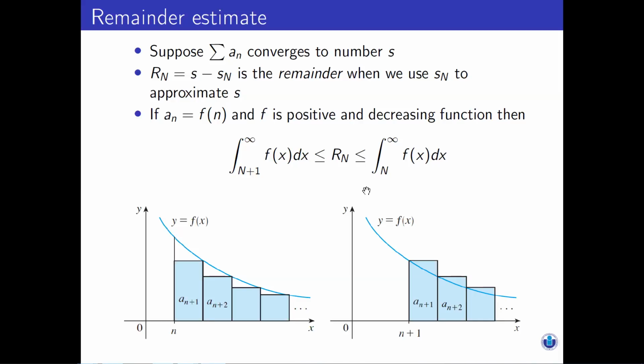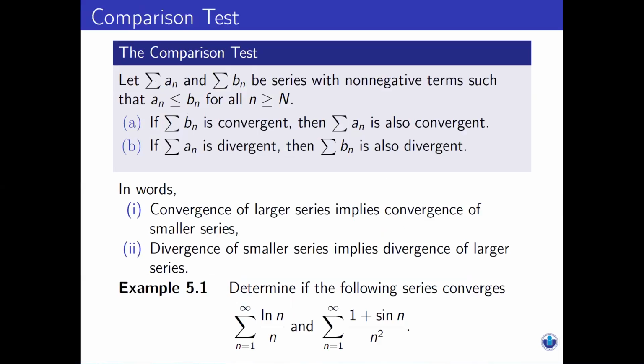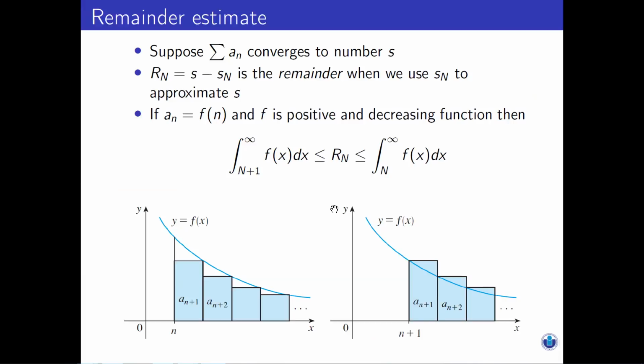So R_N is S minus S_N, and you can think of this, which may be easier for you, as follows.